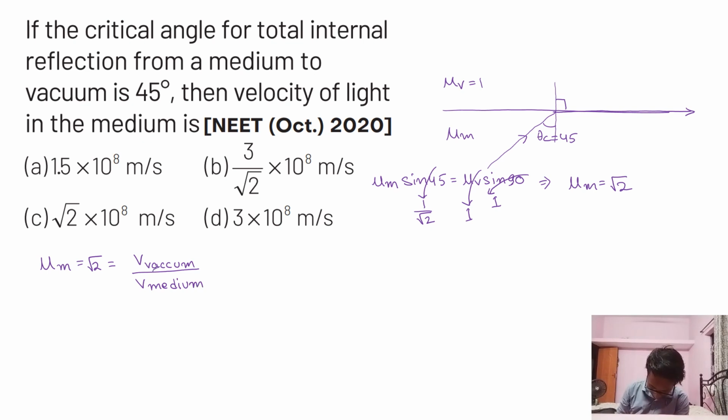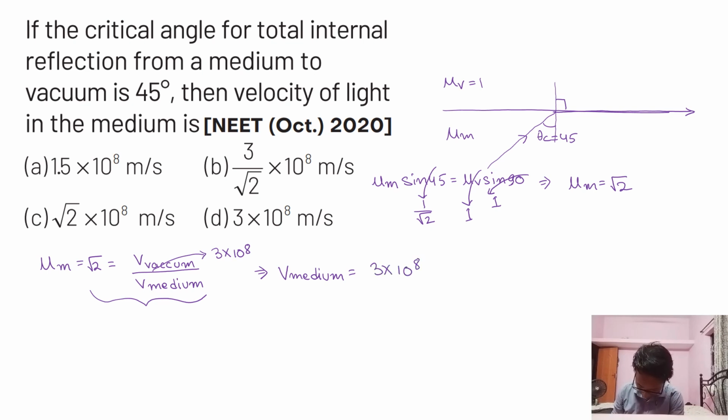Now velocity of light in vacuum we know as 3 into 10 to the power 8 meter per second. So using these two equations, velocity of light in medium would be equal to 3 into 10 to the power 8 meter per second divided by root 2 meter per second. So our correct option is option number B.